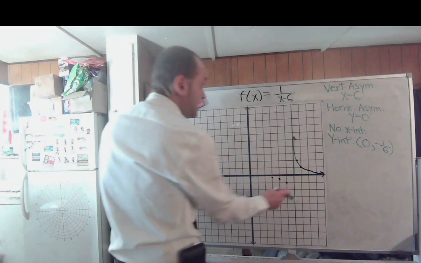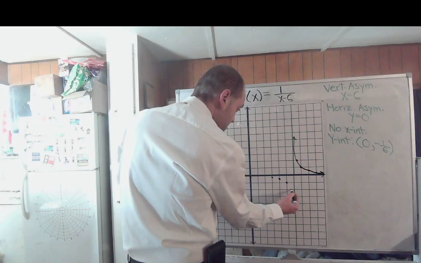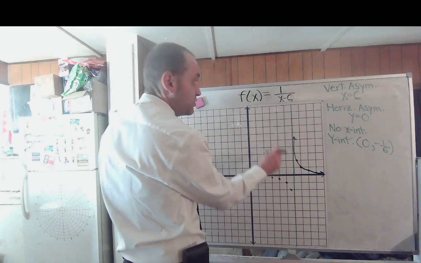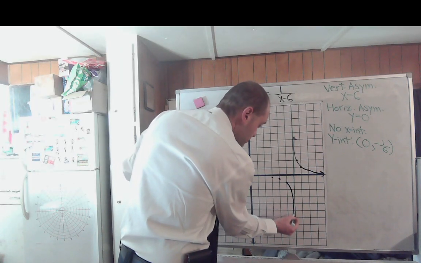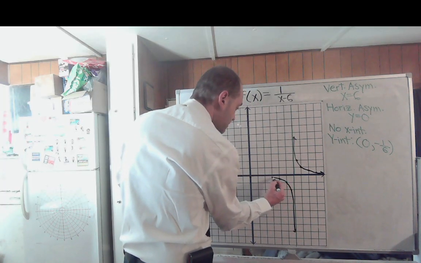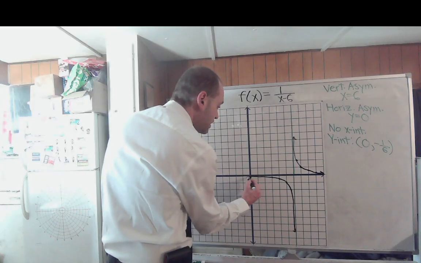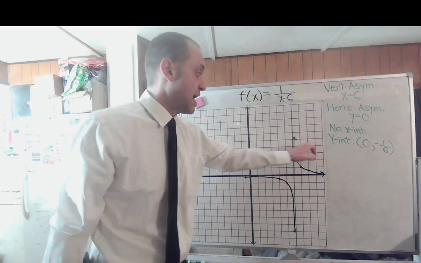If you put in 5.5, you get 1 over -1/2, which is -2. So you see, the closer you get to x equals 6 from the right, you're going towards a y value of -infinity. The further left you go, you're going towards a y value of 0, going through the y-intercept there, and that is what your graph would look like.